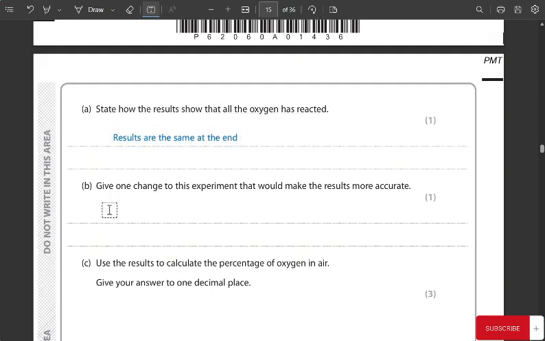Okay, the B one. Give one change to this experiment that would make the result more accurate.